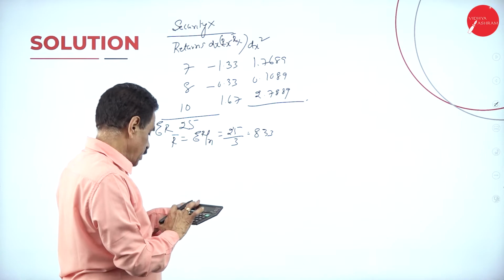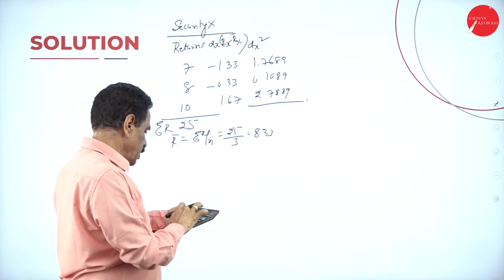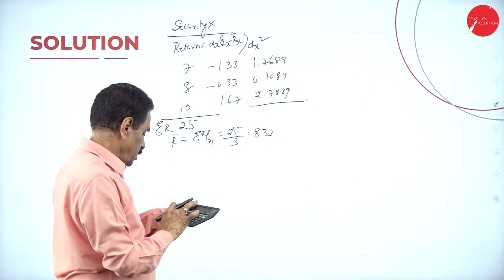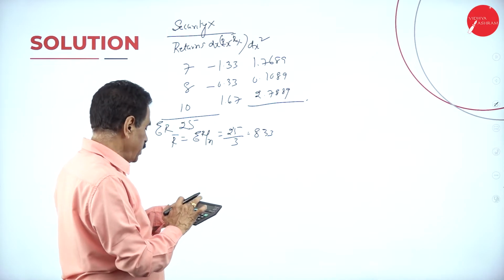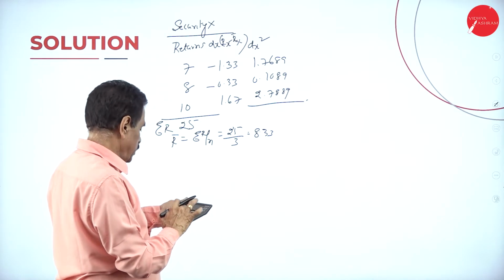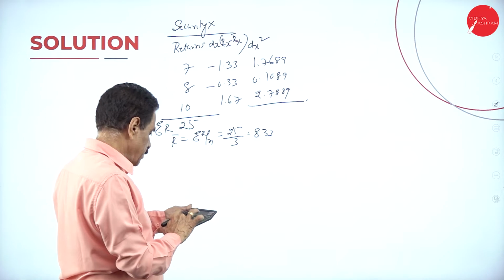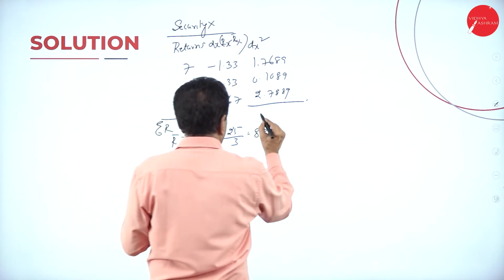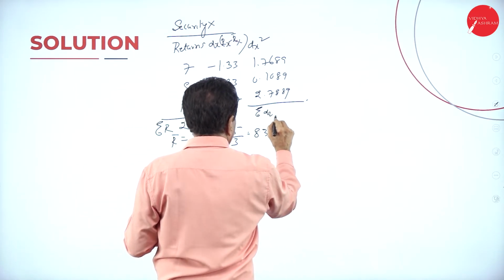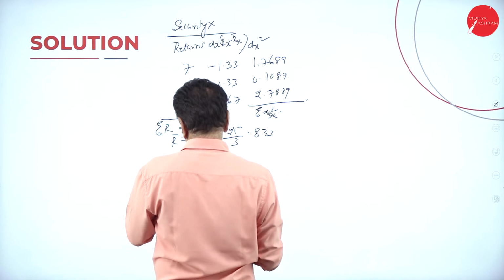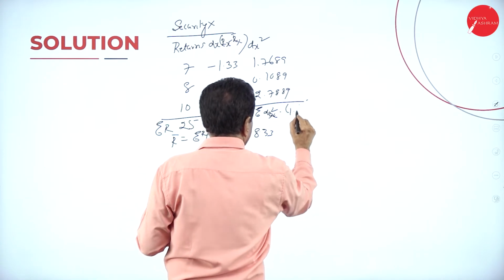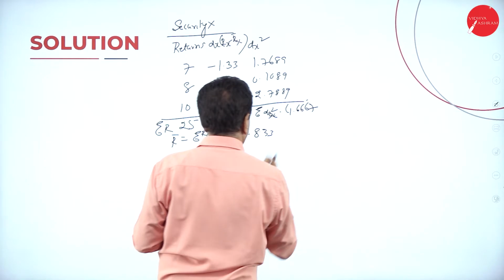Adding 2.7889 plus 0.1089 plus 1.7689, the sigma dx square is 4.6667.